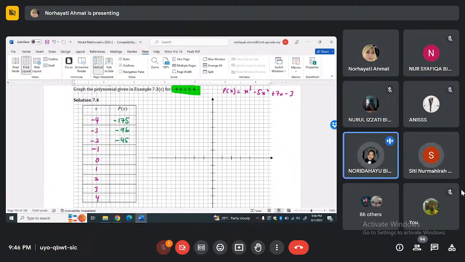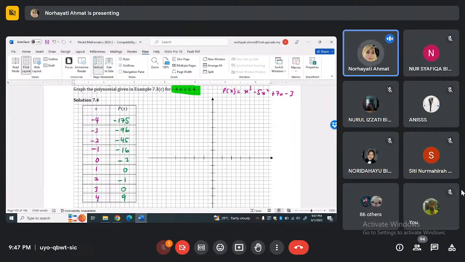Negative 16, correct. 0? Negative 3, correct. 1? 0. 2? Negative 1. 3? 0. And when x equals 4? 9. Okay, good. With these coordinates, we need to plot the graph.